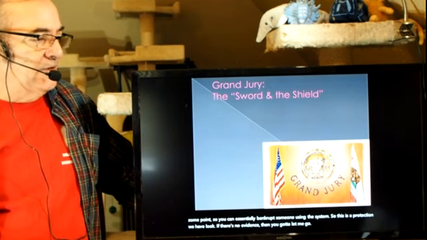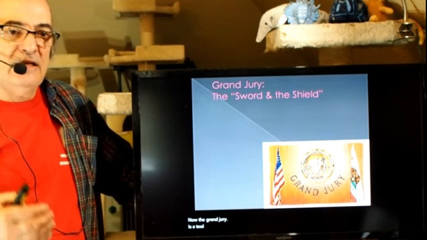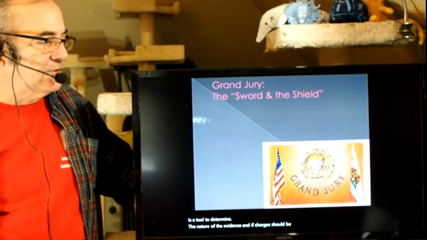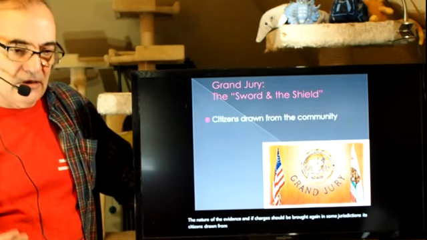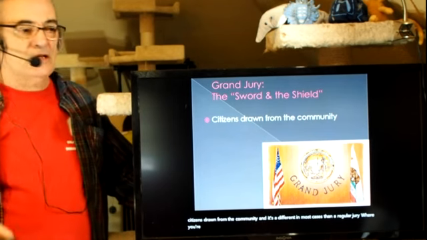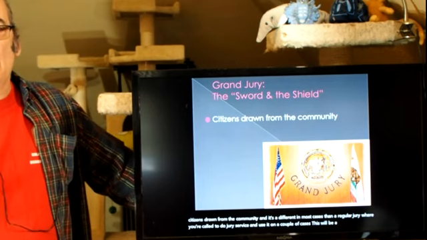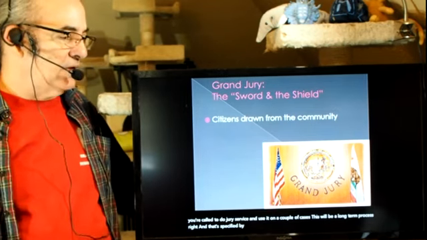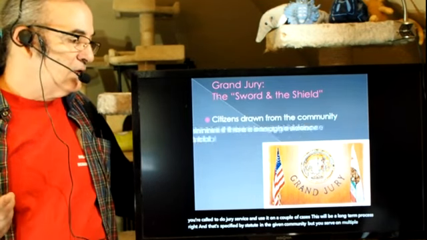Now, the grand jury is a tool to determine the nature of the evidence and if charges should be brought, again, in some jurisdictions. It's citizens drawn from the community, and it's different, in most cases, than a regular jury where you're called to do jury service and you sit on a couple cases. This will be a long-term process, right? And that's specified by statute in the given community. But you serve on multiple cases as a grand juror.